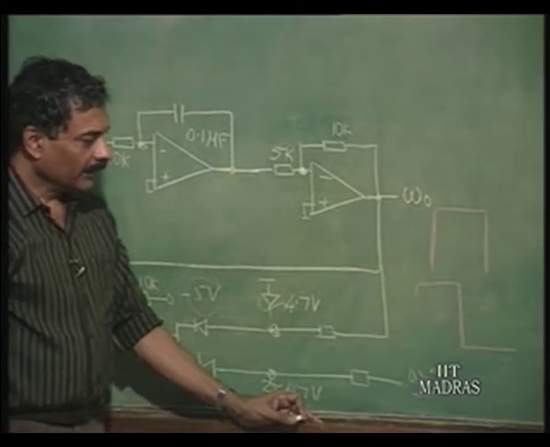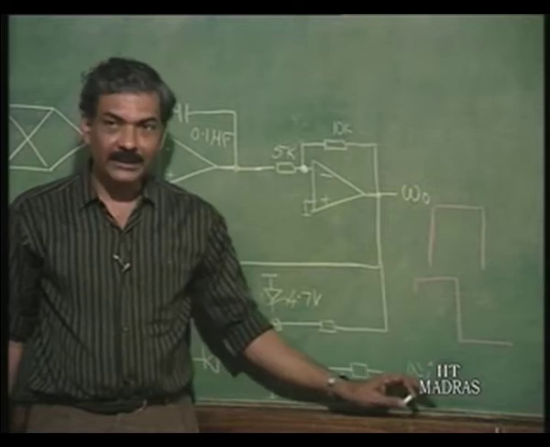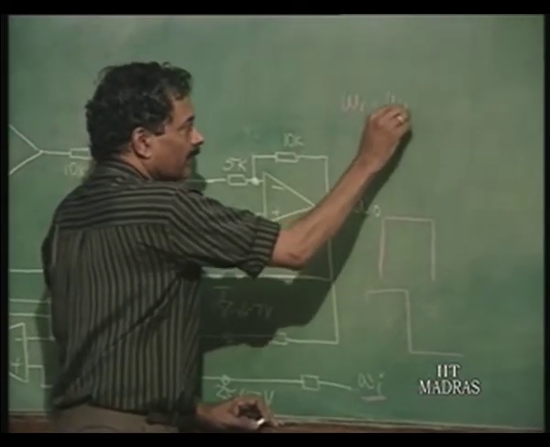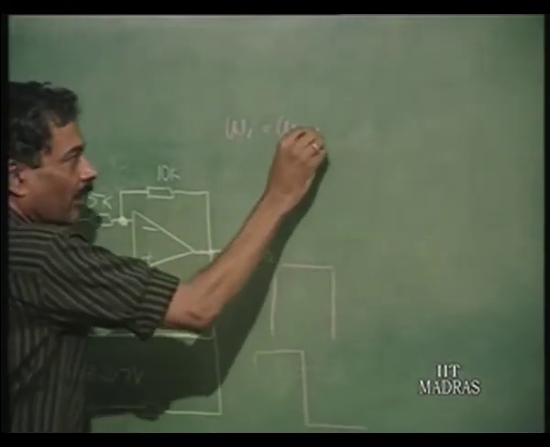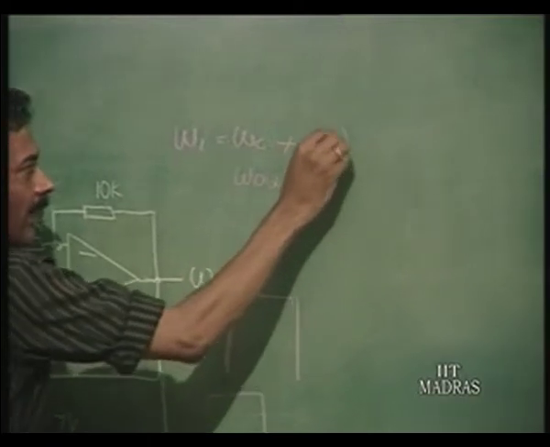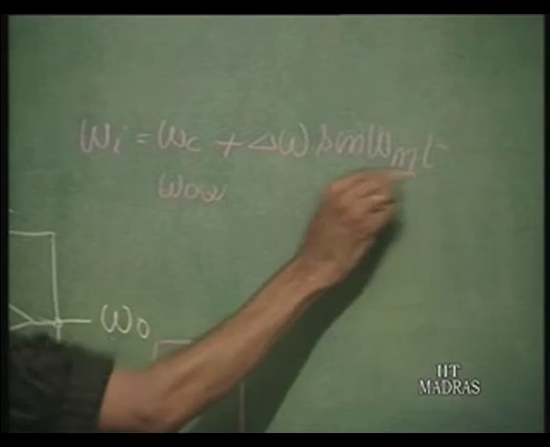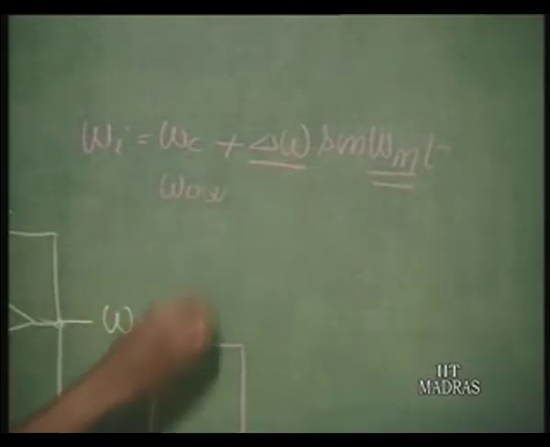And then as I vary, there are two frequencies here. One is the frequency deviation. So, omega i is going to be omega c, which is close to omega naught, plus delta omega sin omega m t. This is a low frequency, okay, modulating frequency. This is the frequency deviation.